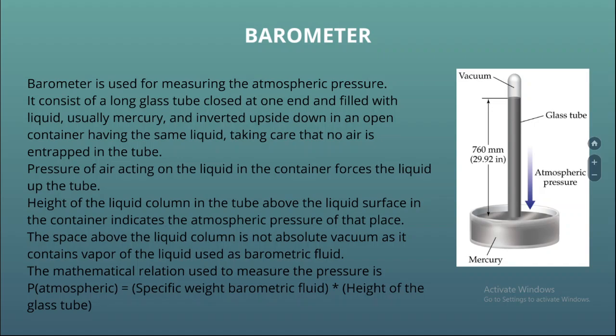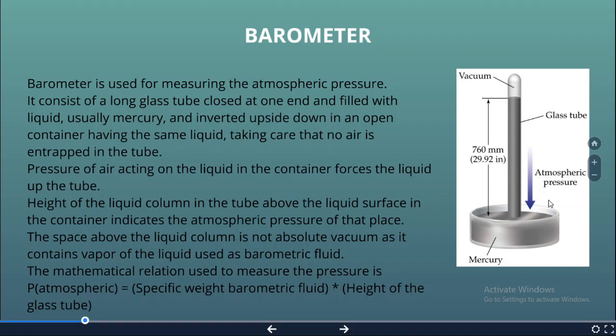Why do we use mercury most of the time as a gauge fluid in order to identify the pressure of the atmosphere? Because here you can see there is the open surface, and we have discussed that the vapor pressure is only a function of pressure.